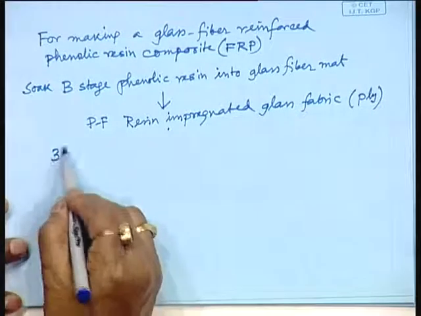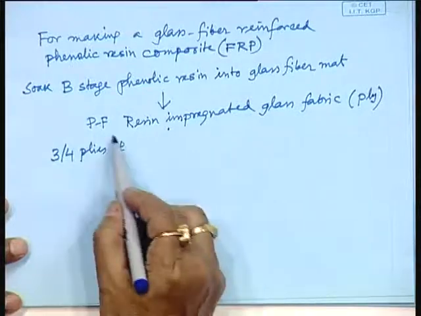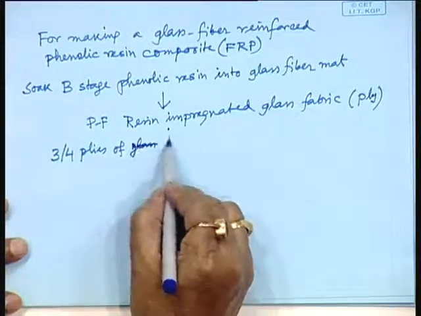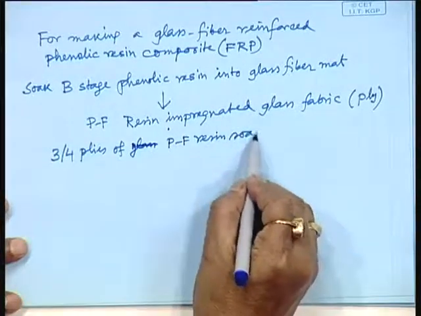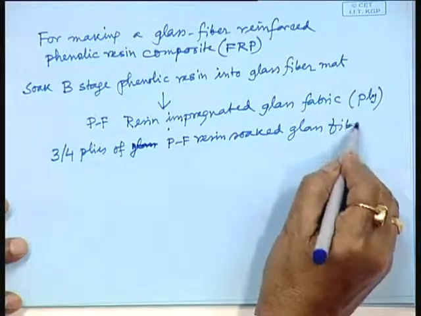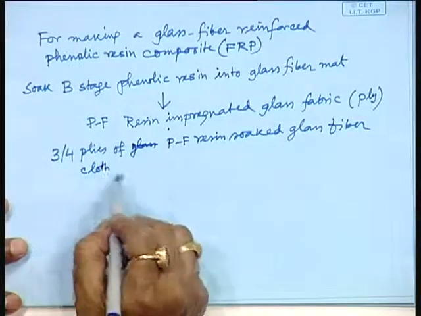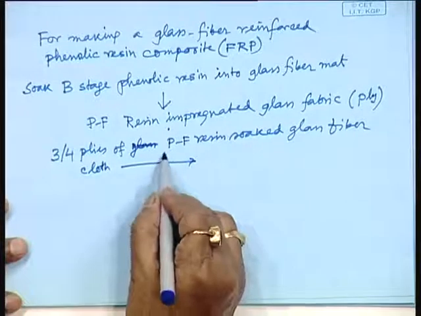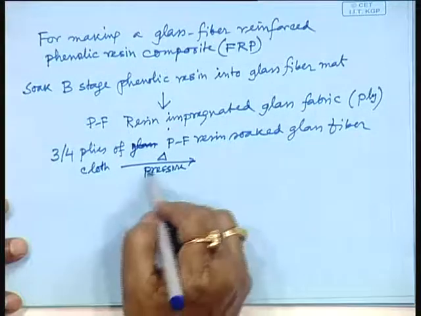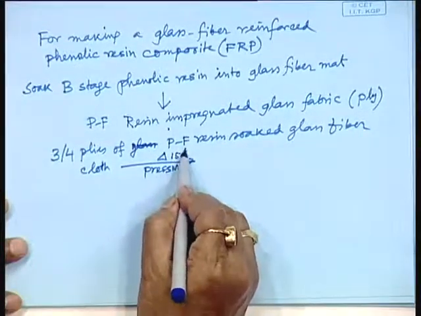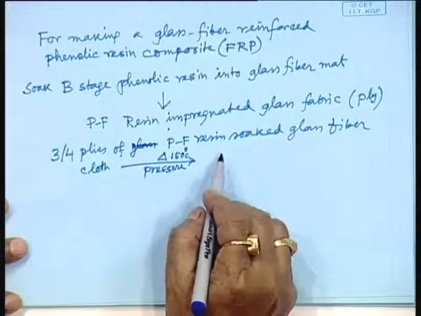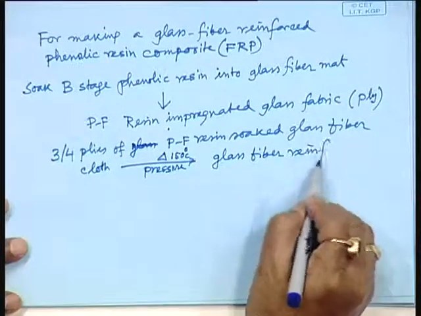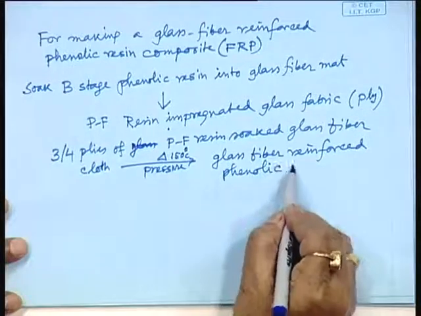You take 3 to 4 plies of PF resin soaked glass fiber cloth, assemble those 3-4 plies together, then apply heat and pressure. It means the temperature should be say around 150 degrees Celsius. You will get a glass fiber reinforced phenolic resin composite.